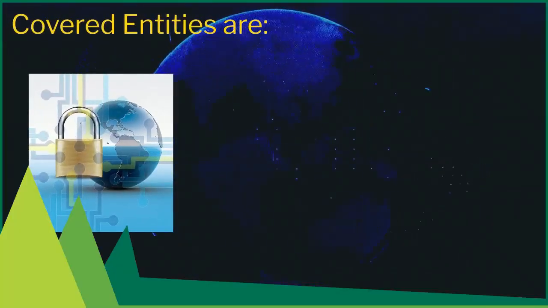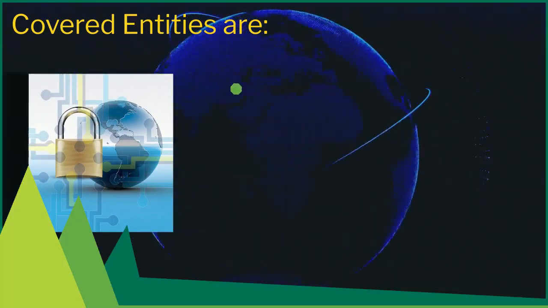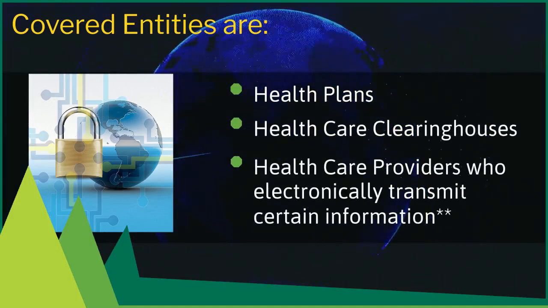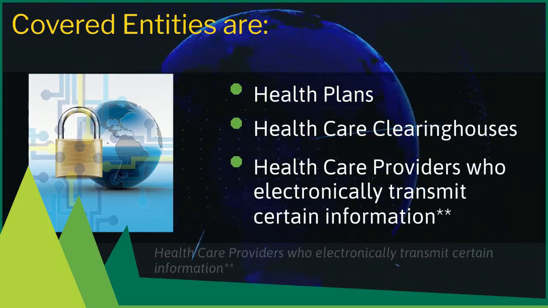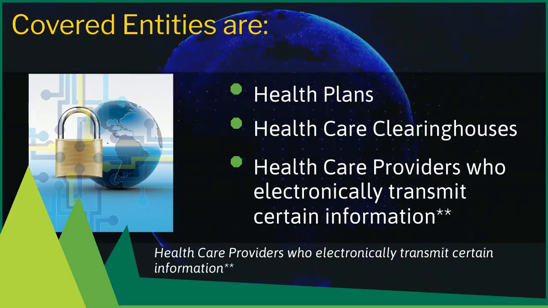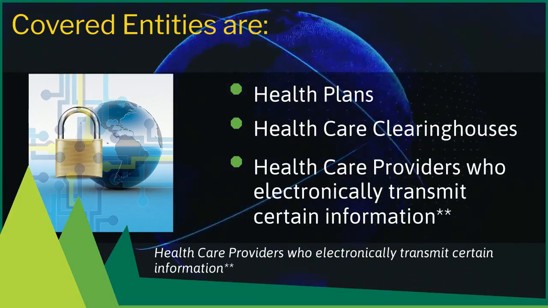Covered entities are defined in the HIPAA rules as health plans, healthcare clearinghouses, and healthcare providers who electronically transmit any health information in connection with transactions for which the Department of Health and Human Services has adopted standards. Generally, these transactions concern billing and payment for services or insurance coverage.